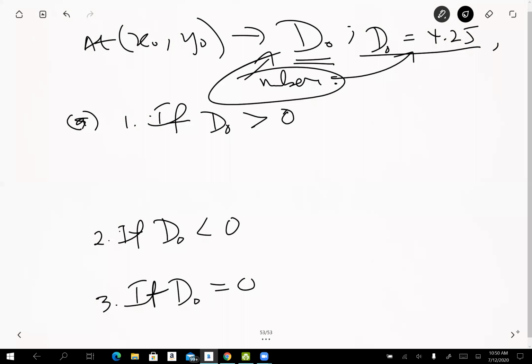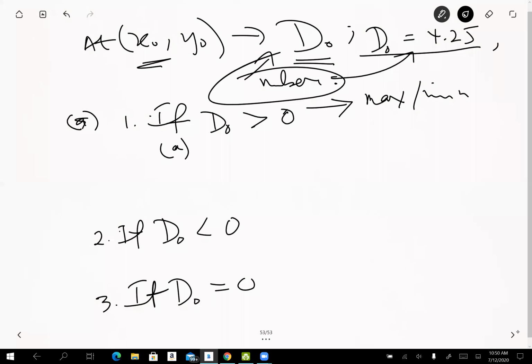Okay, so now if the value of D that you evaluate at the critical point, call it D0, is bigger than 0, then the function may have a maximum or minimum. So let's just focus on the first option.